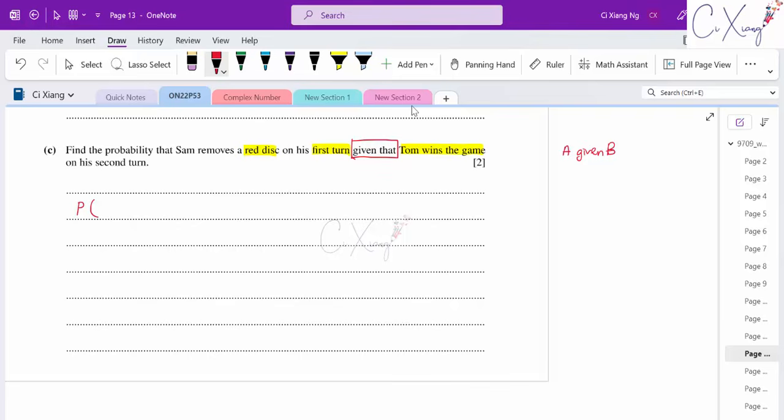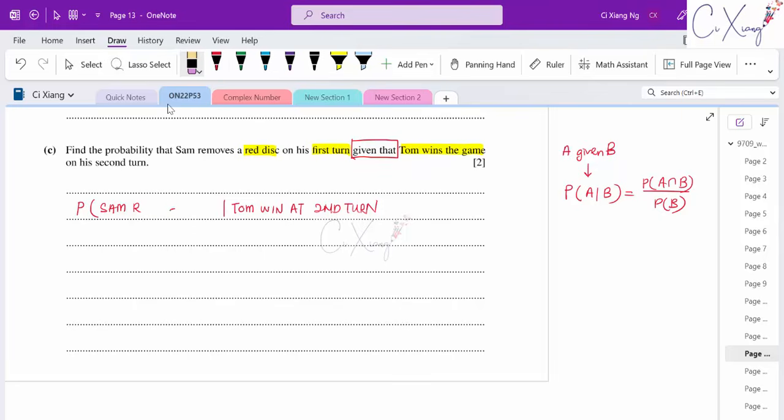When they say find the probability that A given B, the symbol is A given B, and the probability will be A intersect B divided by the probability of B. If I apply it to our question here, given that Tom wins at the second turn, they want us to find the probability that Sam removes red on the first disk.